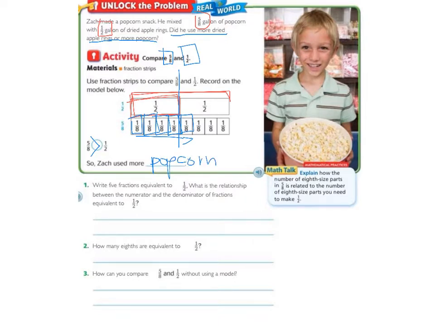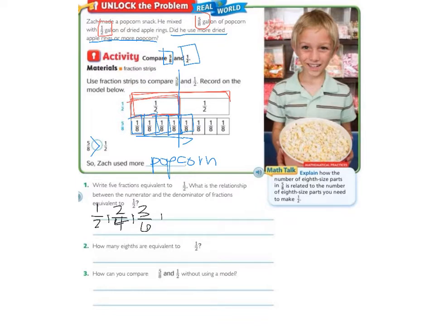So Zach used more popcorn than he did apples. We can also do this by looking at examples of how numbers are represented. In number 1, it says, what are 5 other ways that we could represent 1/2? So if we have 1/2, I could also write that as 2/4. I could write that as 3/6.